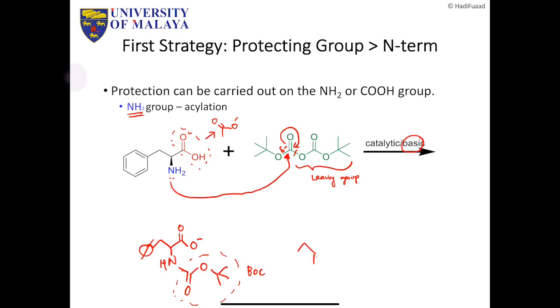So you will see in some of the slides, I will draw it. This one should be a single bond. This is one single bond. I will draw it as this. So these are the same.